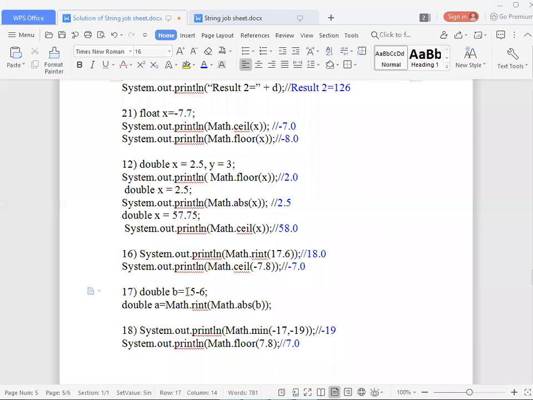What should we consider for that? B is minus 15.6. Yes. Now absolute will give you 15.6. Then rint for that. So it is going to return 16, yes, 16.0. Yes, it's going to return you 16.0.